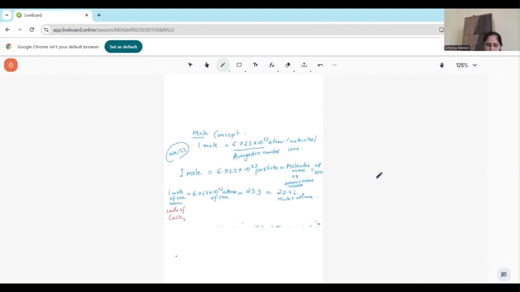We know the molecular mass. Calcium is 40, carbon is 12, oxygen is 16. So 1 mole of calcium carbonate contains how many molecules? 6.023 times 10 raised to 23 molecules of calcium carbonate. What is the weight?